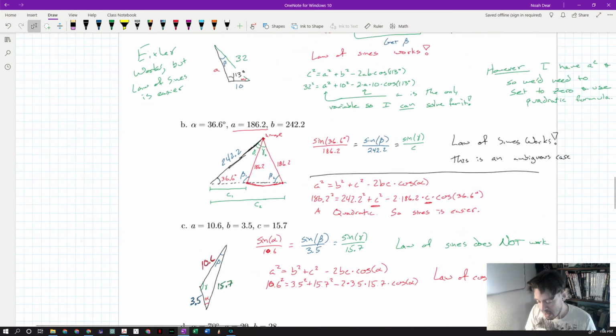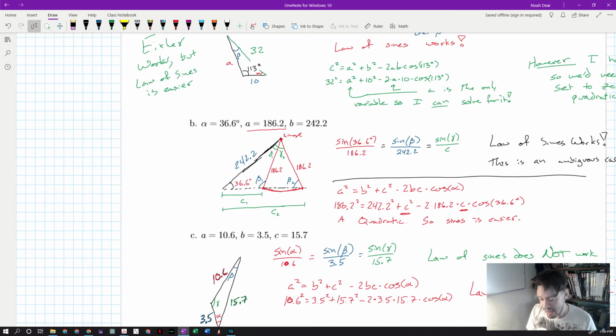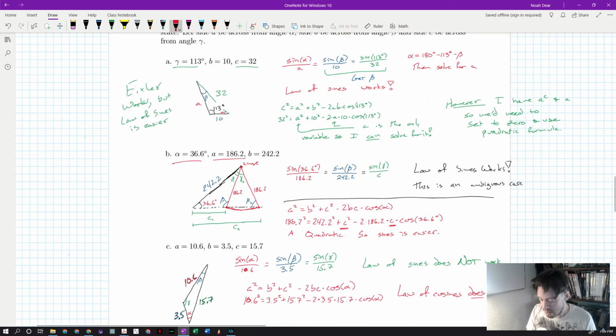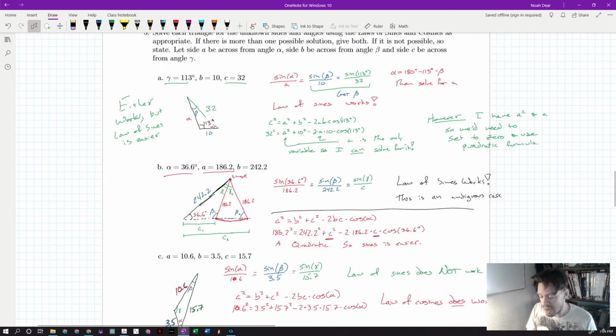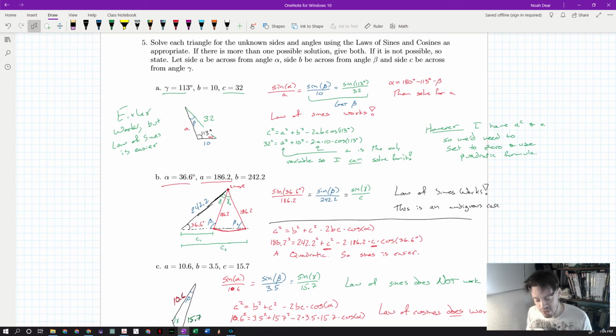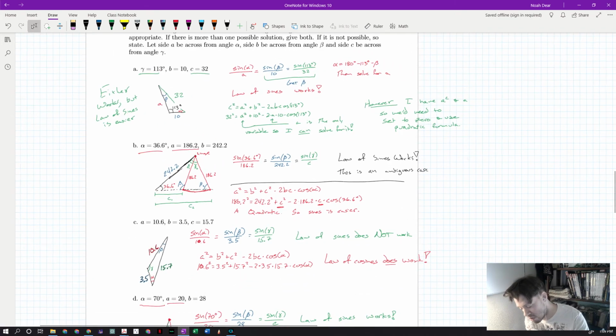For part B, we had A and alpha, so we had a side and angle across from each other, so we used law of sines. And again, law of cosines would work, but we'd use a quadratic, so it's not the easiest way about that. And then in part A, we had C and gamma, which is a side and angle across from each other, and so law of sines was our go-to in that case as well. So, short story.